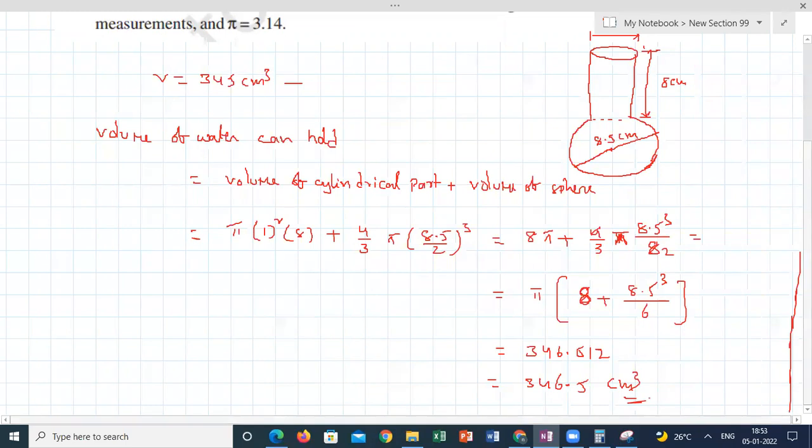Please cross verify with this answer. Is it correct?